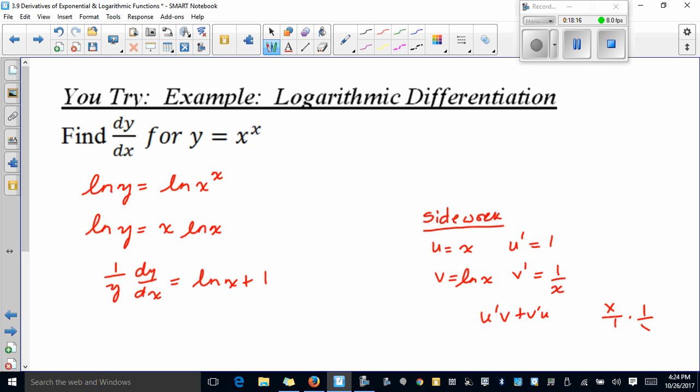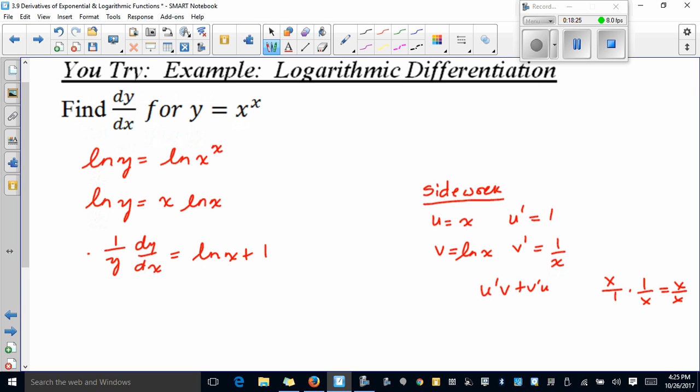Step 3, step 4, isolate dy dx, so multiply both sides by y. So I get dy dx equals the natural log of x plus 1 times x to the x power.